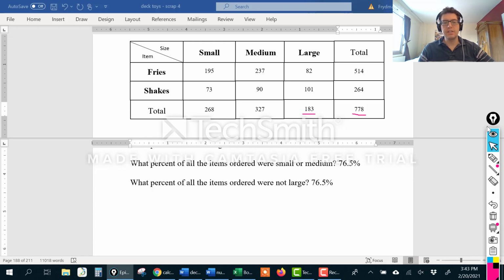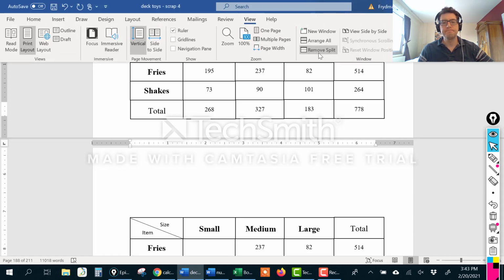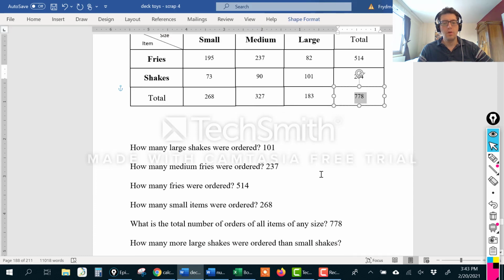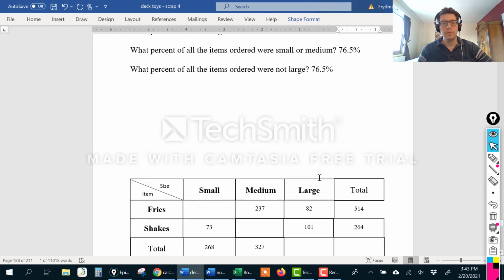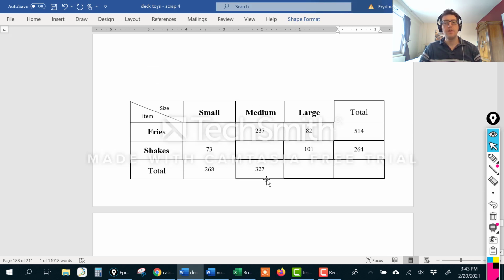Okay, so the next thing that we're going to do is look at the same table again, except with some of the entries removed. And we're going to ask ourselves, is it possible to reconstruct the original table that we had to begin with?